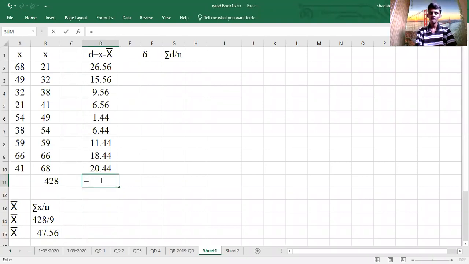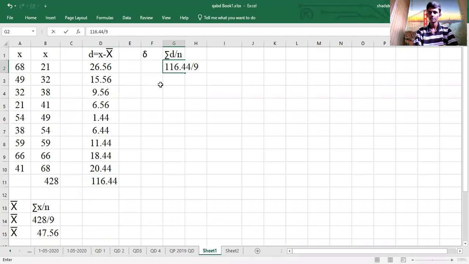Now just add all of these and make a sum, and you will get 116.44 as the sigma d value. Now, same, we know sigma d is 116.44, divided by n, where n equals 9.